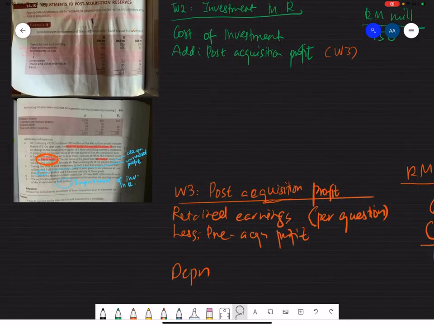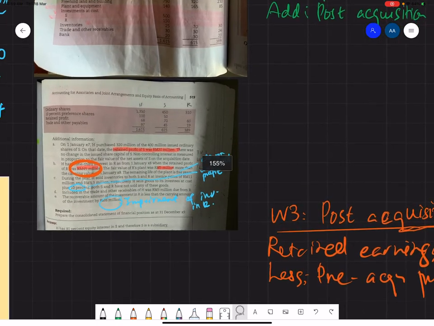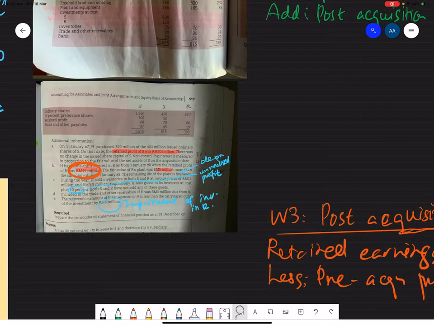If you look at the question, when H acquired interest in R as from 1st January X8, when the retained profit of R was 45 million, the fair value of R's plant was 5 million more than the carrying amount. As at 1st January X8, the remaining life of the plant is 5 years.